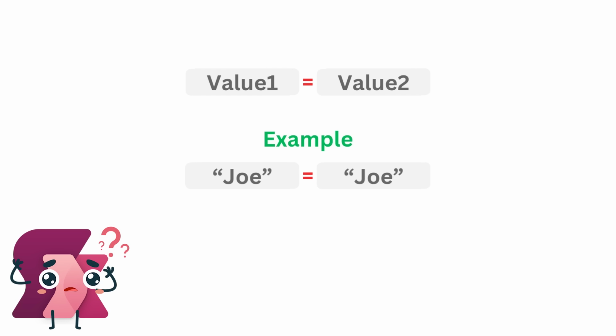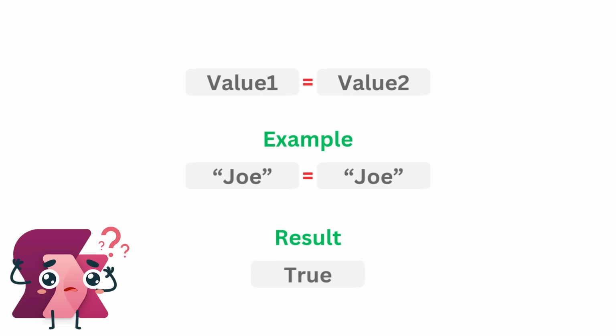Humans are going to say, yep, that is true. So we will get a true outcome in PowerApps as well, because they are of the same type and they are exactly equal to, hence the name equal to. This means that when PowerApps evaluates this expression, it confirms that the values match, so the result is ultimately true.